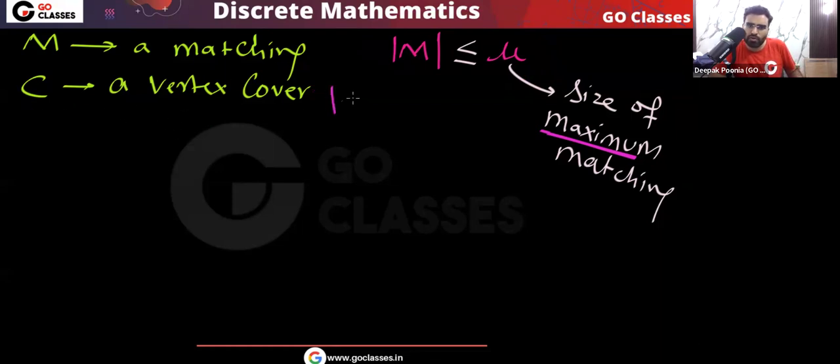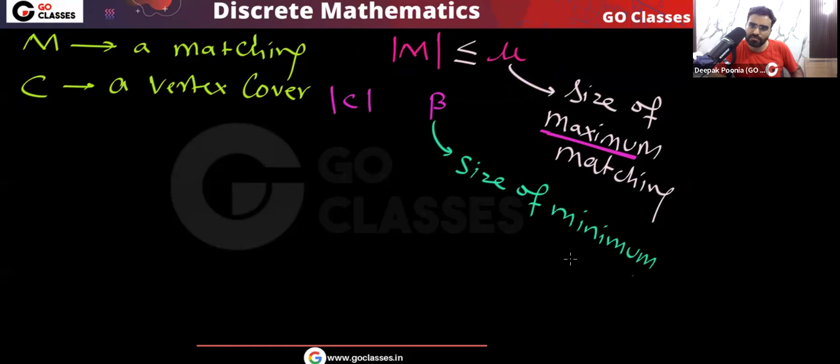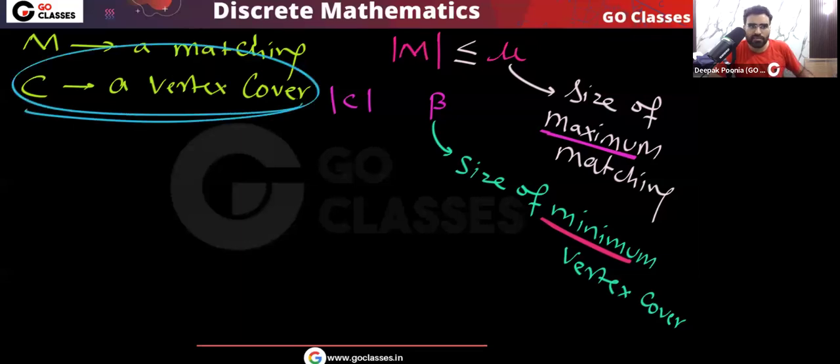What about the size of C and beta? What is beta? Beta is the size of the smallest vertex cover, the size of the minimum vertex cover. So how can you compare the size of C and this beta? Notice C is a vertex cover.